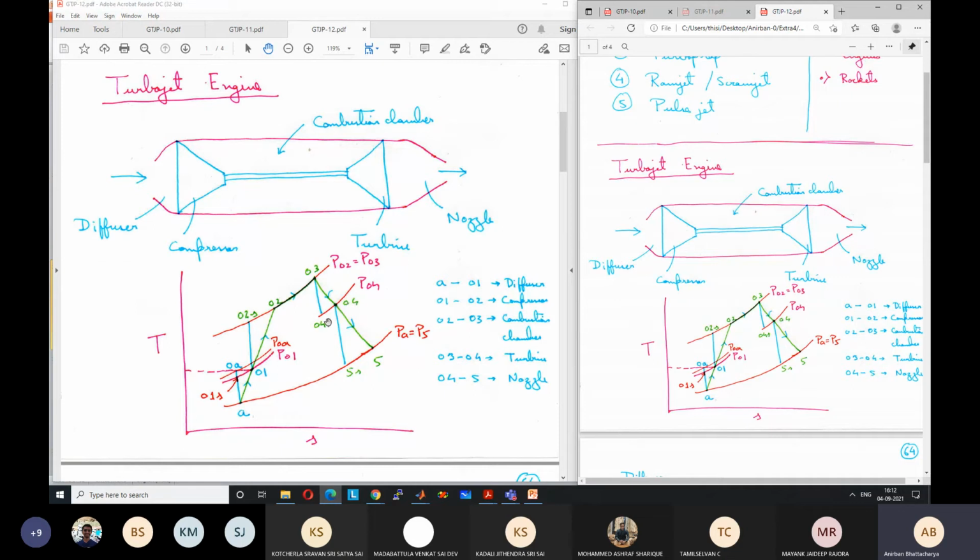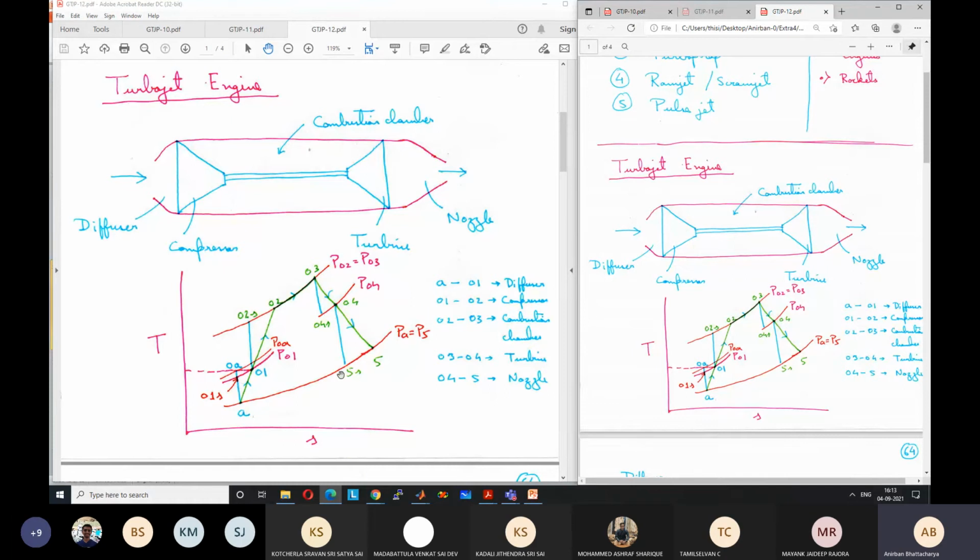Ideal state would have been 04s, and then there is expansion in the nozzle from 04 to 5. So in the nozzle, basically the stagnation properties are not changing, but the static enthalpy gets converted to kinetic energy. The total enthalpy remains same, but the static enthalpy gets converted to kinetic energy. So we get very high velocity at the exit. And so that's why we are writing it in terms of static properties, 5.